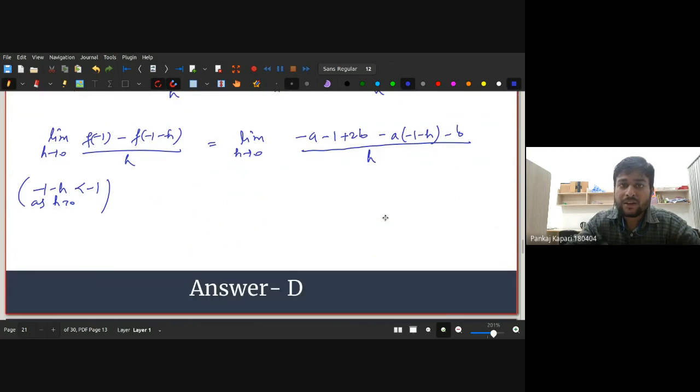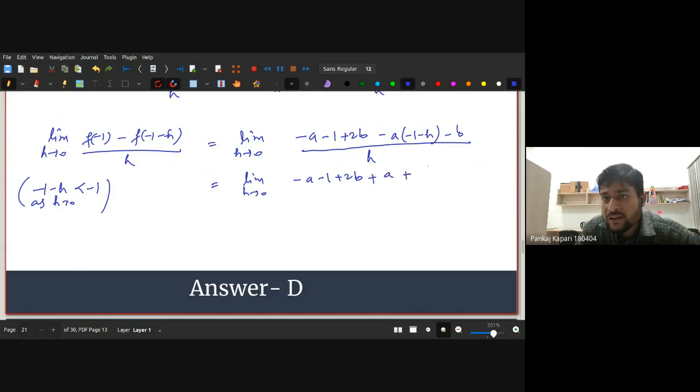What is this limit? Can we say something about it? As h goes to 0, we can cancel out something. So minus a minus 1 plus 2b, and then minus a times minus 1 minus h, which becomes plus a plus a times h, and minus b, divided by h.